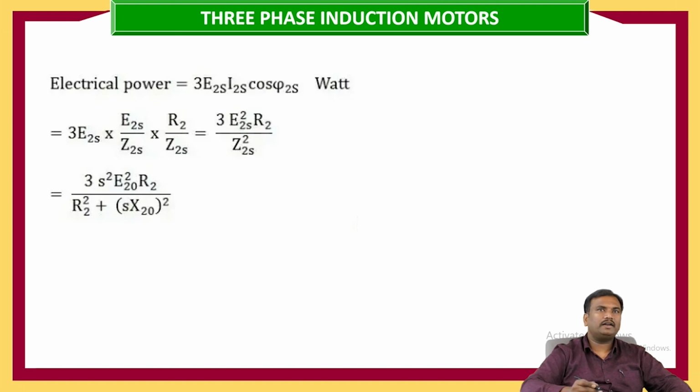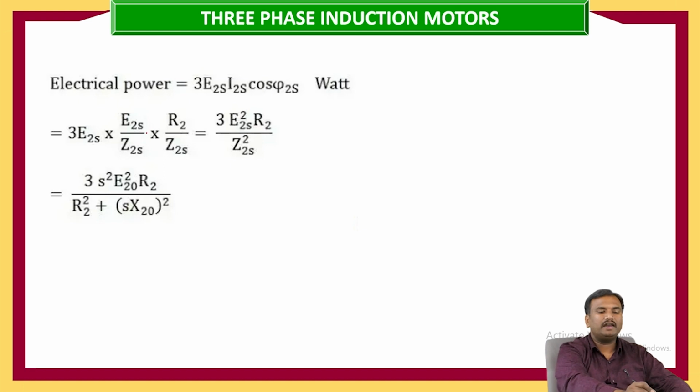Here electrical power is equal to 3 V I cos phi. Here for the rotor, we take 3 into E2s into I2s into cos phi 2s. Here I2s is nothing but E2s by Z2s, since current is voltage by impedance.